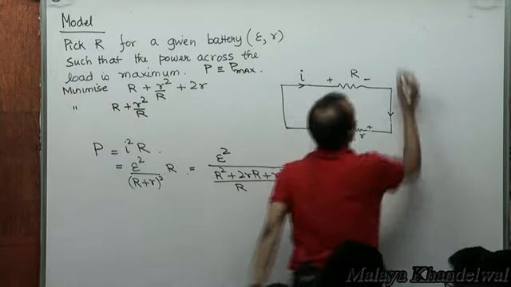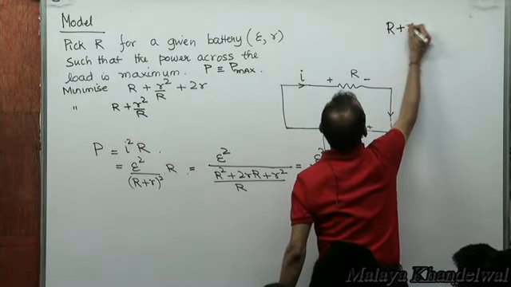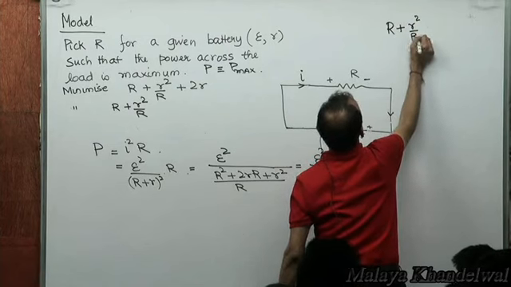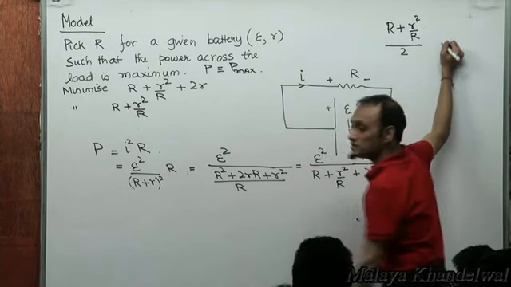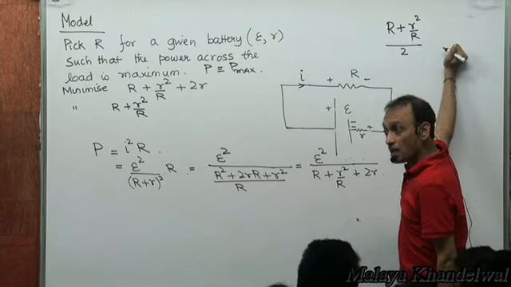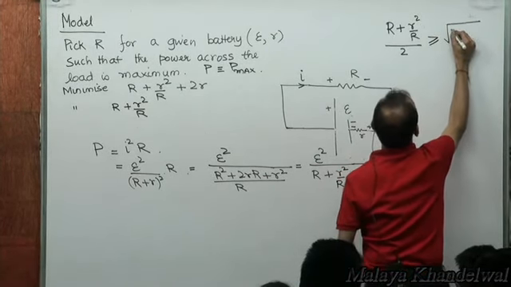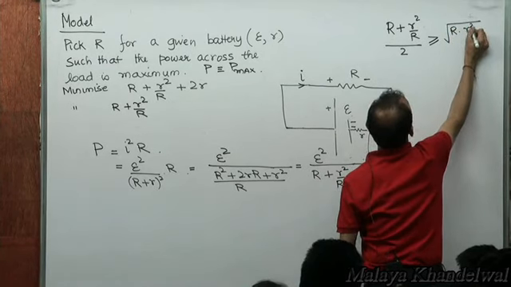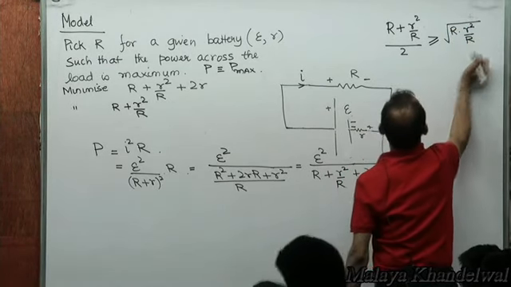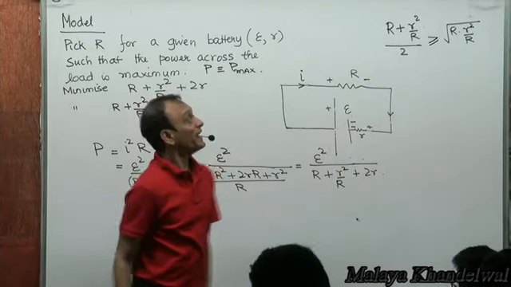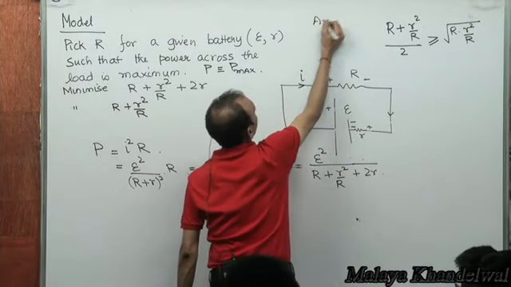Now, R plus r squared by capital R, divided by 2, that's the arithmetic mean of these numbers. And that must be greater than or equal to the geometric mean between them, root of r into r squared by capital R. Yes or no? AM greater than or equal to GM.